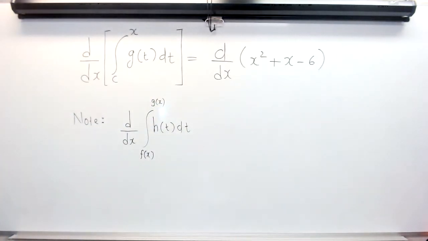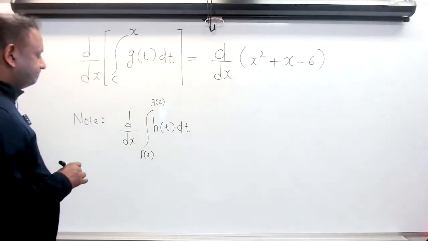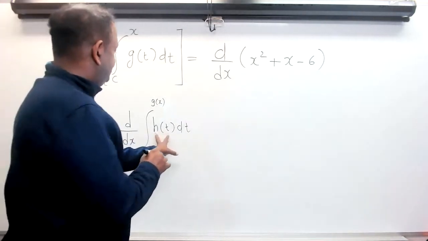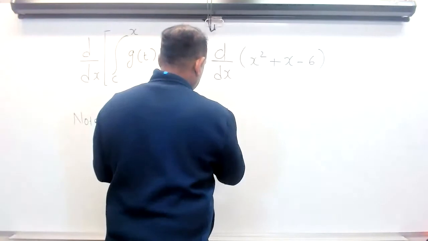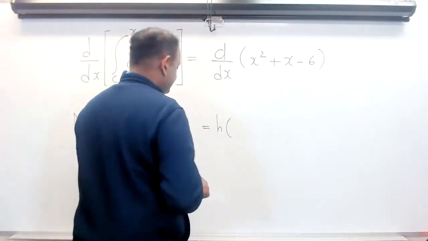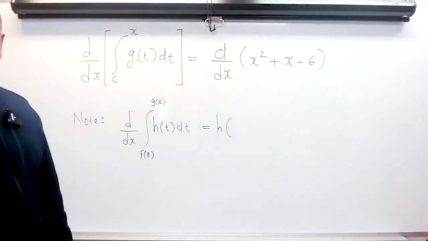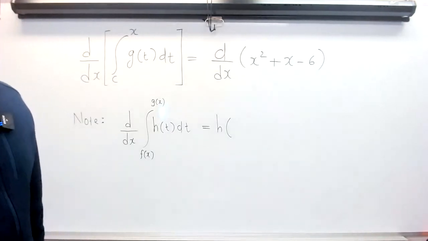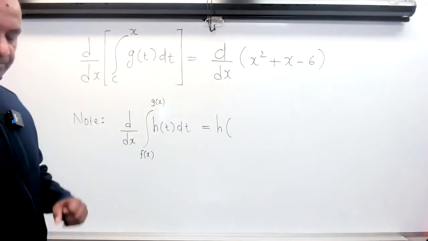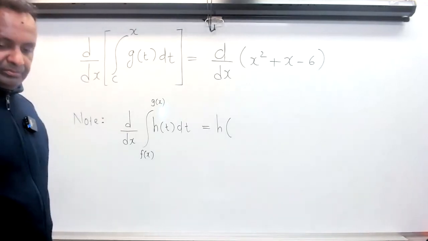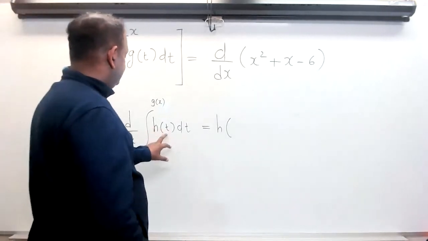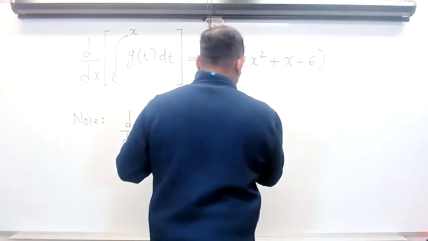What does the formula say? Get this function and replace this t with g(x).